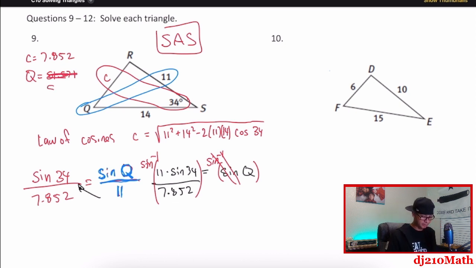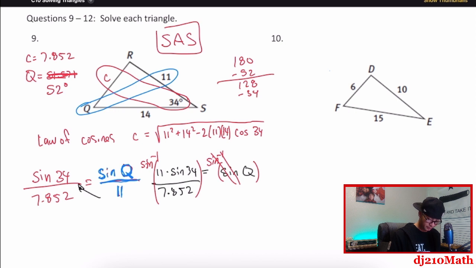52 degrees. So if q is 52 degrees, to find the third angle, we just subtract it from 180. 180 minus 52 is 128, minus 34. So 128 minus 34 is 94.